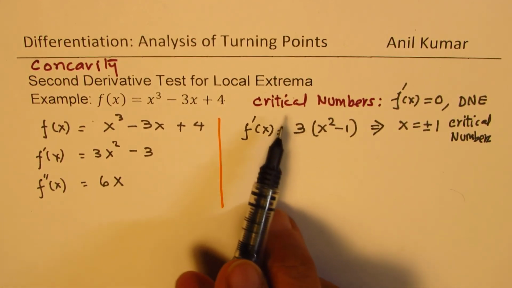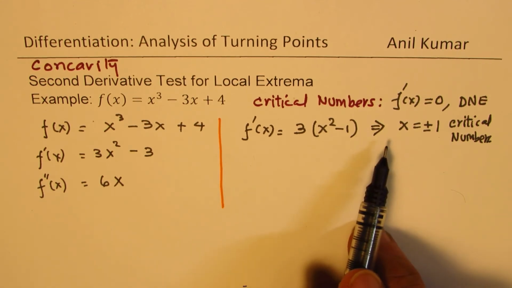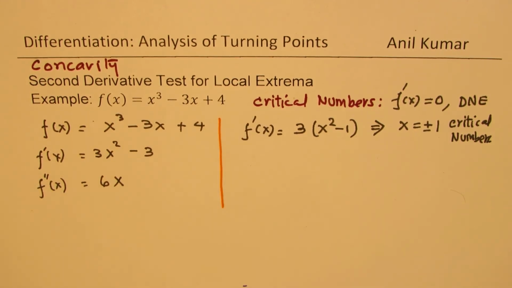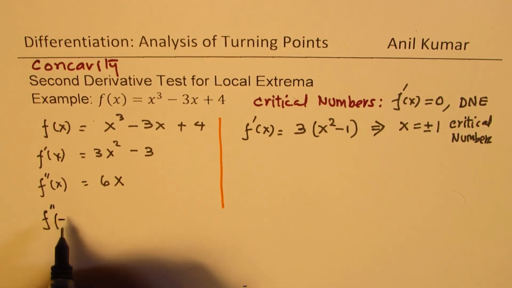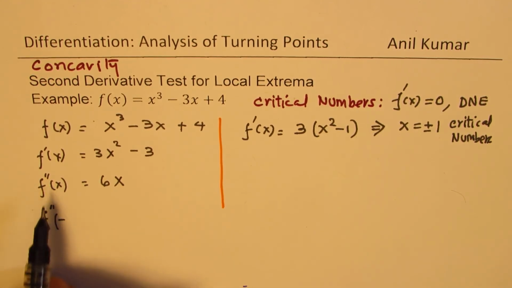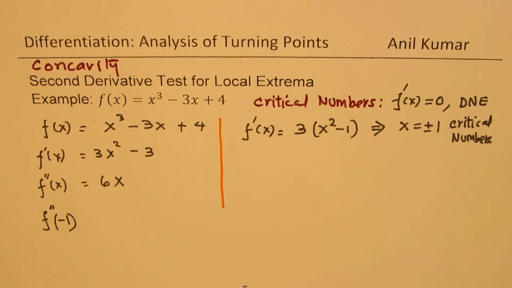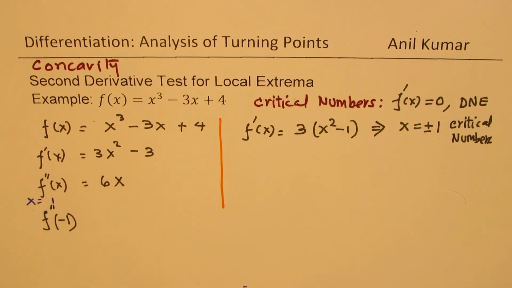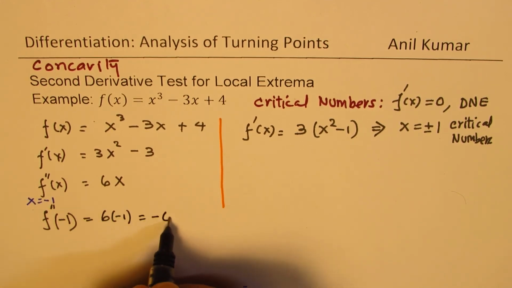So we are trying to analyze the critical numbers and verify whether the turning points or the critical numbers lead to local maximum or local minimum, right? So if I do the second derivative test, that is to say, at the first critical number x equals minus 1, let me write down here. If I substitute x equals minus 1, what do I get? The second derivative is 6 times minus 1, which is minus 6.